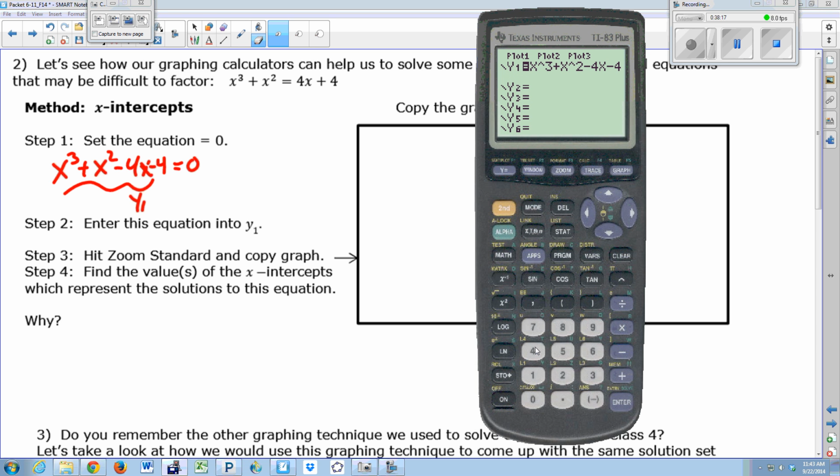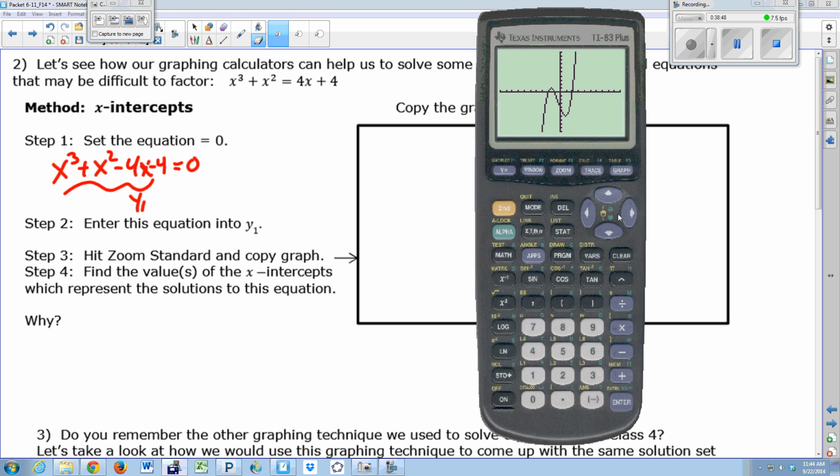So if I just graph that equation, some of you may have had a lot more high school math. You might have a sense of what this looks like if I were to graph it. Some of you may have no idea. So let me just graph it. I'm going to try Zoom 6, the standard window first. Okay. And let's see what we get. Oh, that looks pretty good. So that's what this looks like.